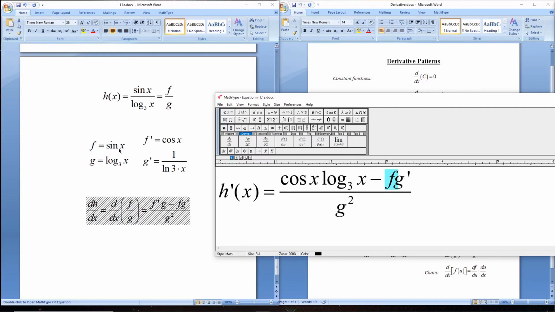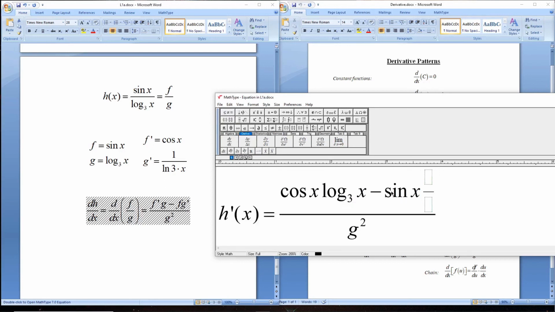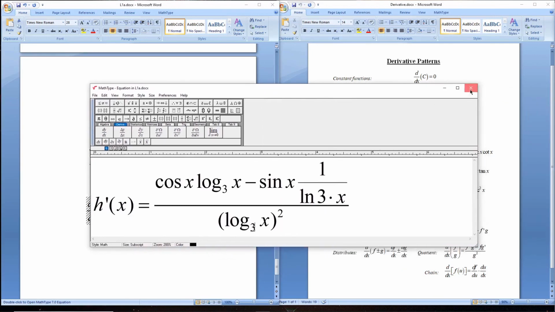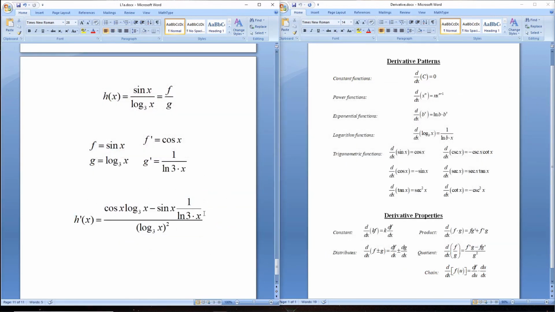F is sine x. And then we multiply this by the derivative of g. And the derivative of g is 1 over natural log 3 times x. And this is all divided by g squared, where g is log base 3. And that's what it looks like when we plug in everything.